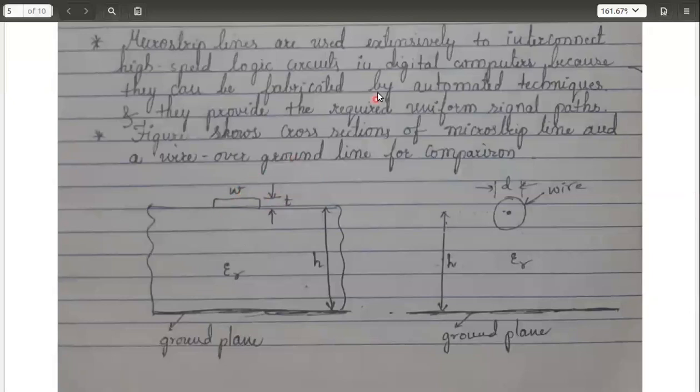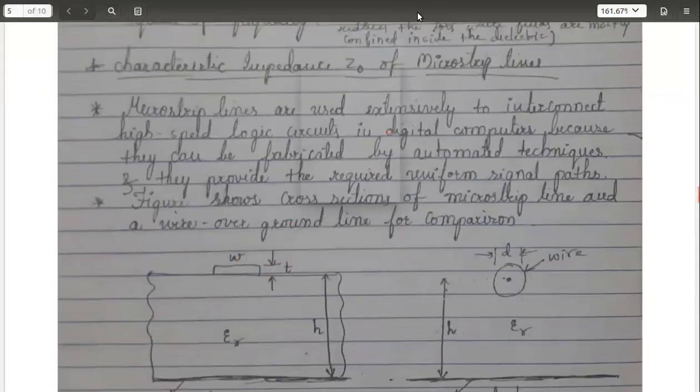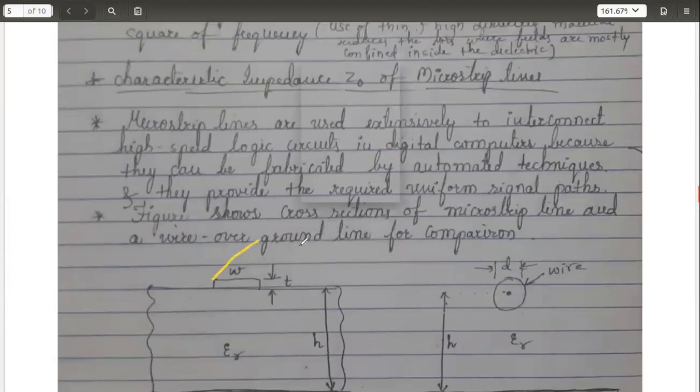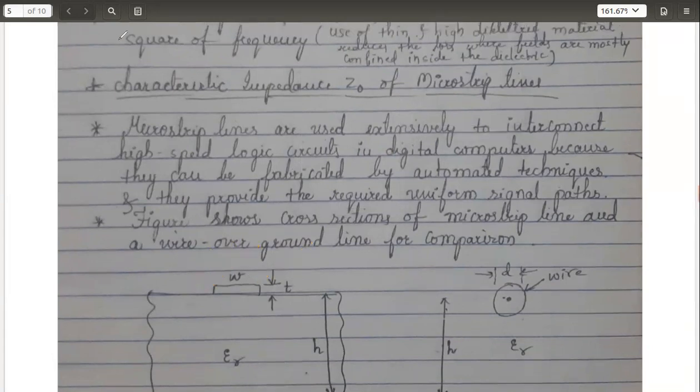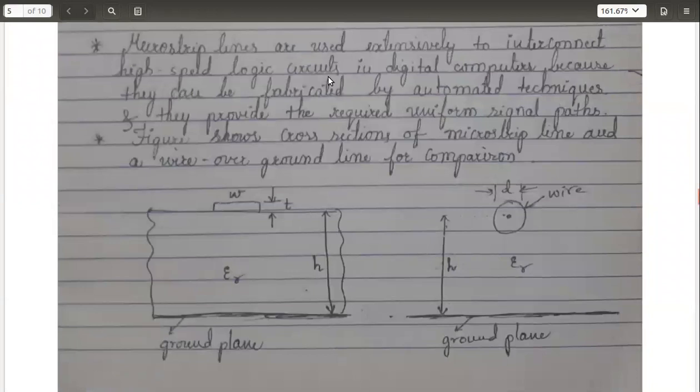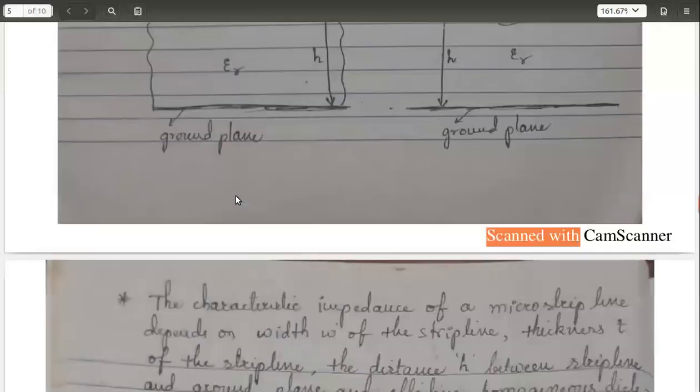The length I cannot show you here; if I want to show length, it should be something like this. You can take L here, but I have not shown it. This is the schematic for the microstrip line. Coming to the second figure, this is for a wire over the ground line, which is very much available to you. Let me see whether I have added that figure.